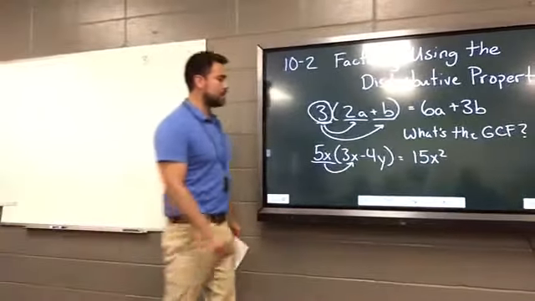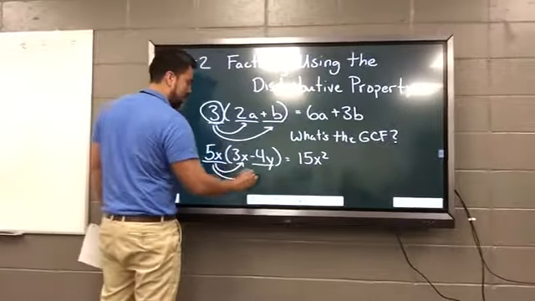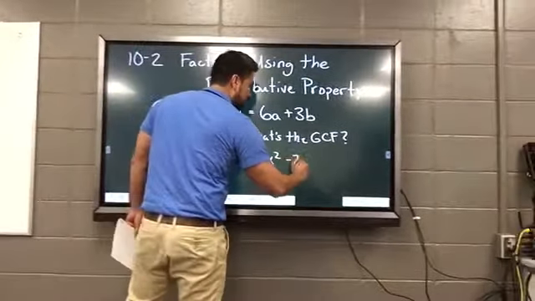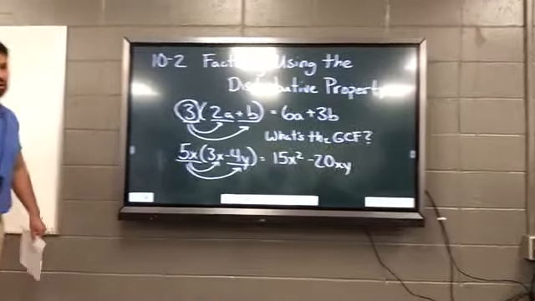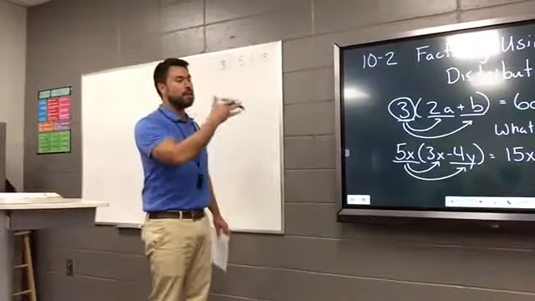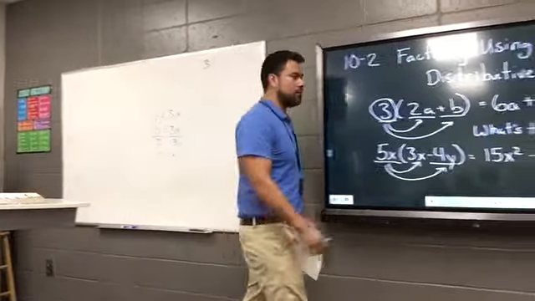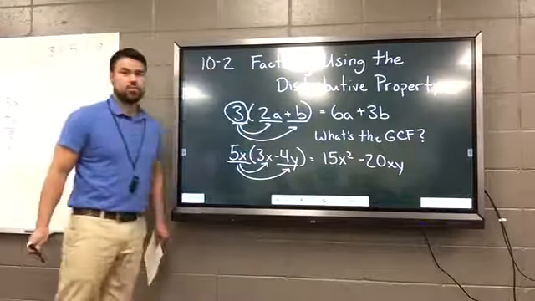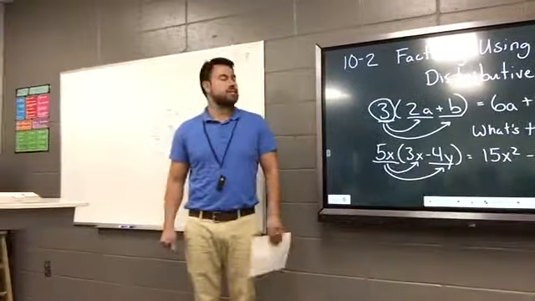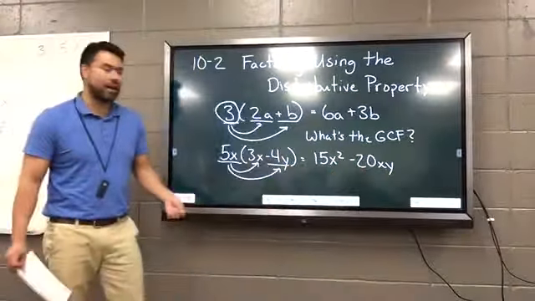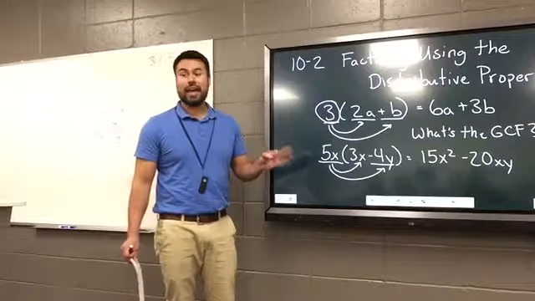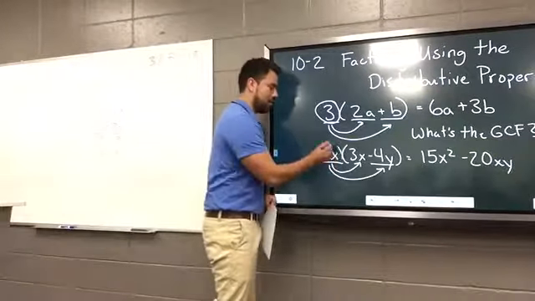And then 5x times negative 4y, negative 20xy. So that's basically last chapter. And so now I'm going to apply it to this chapter. How many of you got 15x squared minus 20xy? Okay. What's the GCF of 15x squared and negative 20xy? 5x. It's right here.